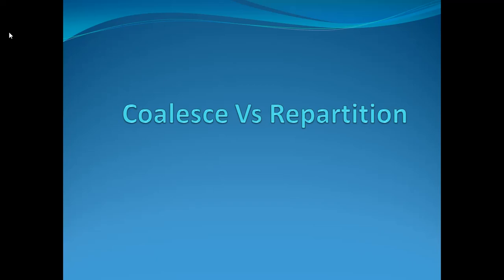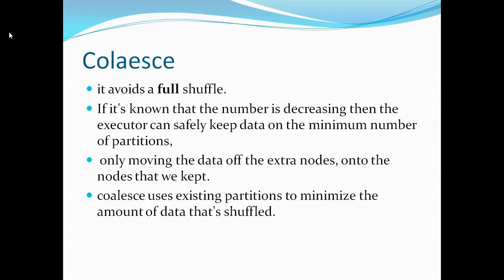Now let's begin. Coalesce is a transformation of RDD. What is RDD? RDD is a collection of records which is stored in a distributed manner. It means the data is not stored on the same node. It is stored on different nodes in some partitions.